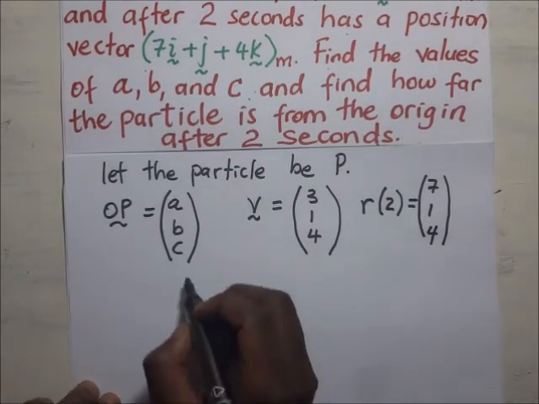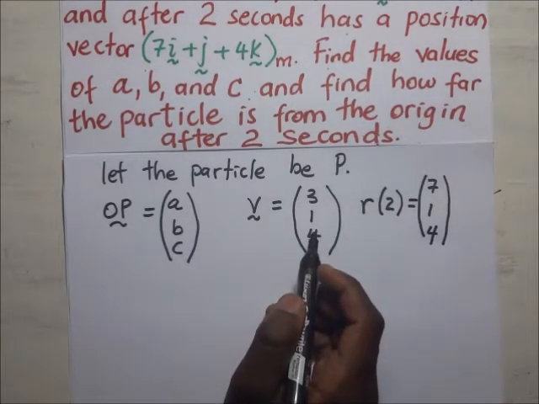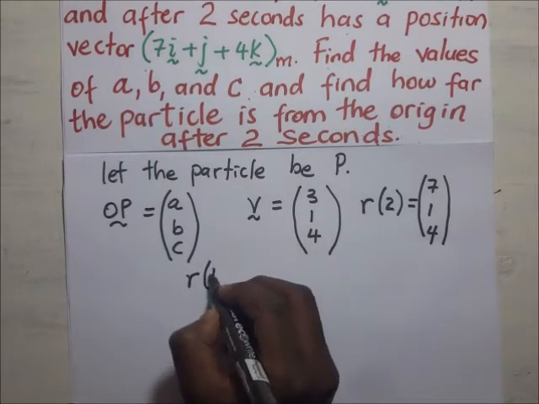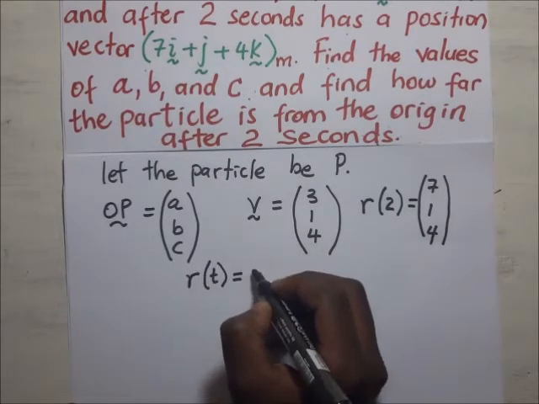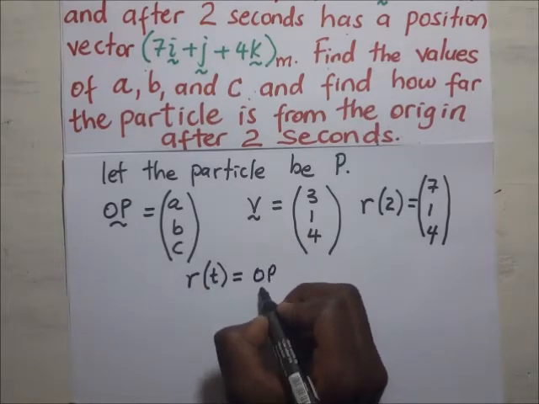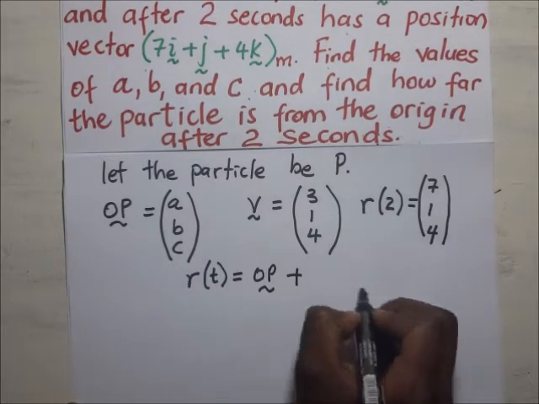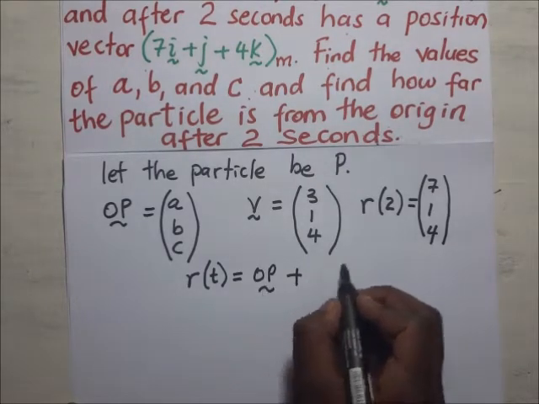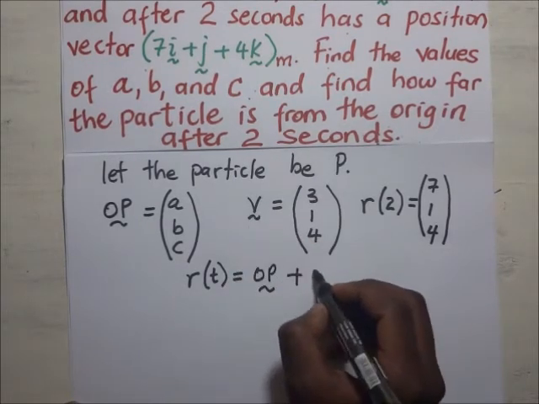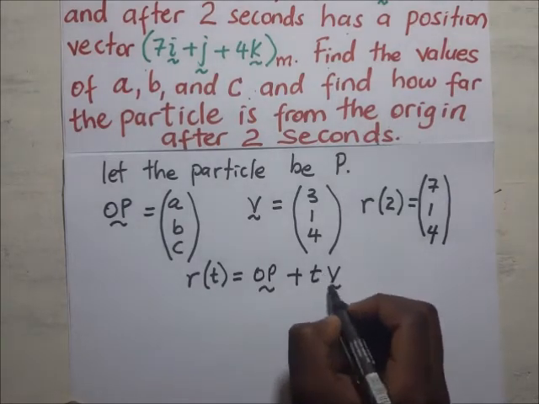Now again, we know that the general expression to find the position vector of a particle after any time t is going to give us first the initial position vector, which is OP, plus the added distance it travels, and of course the added distance it traveled is going to be speed times time, which is the velocity vector multiplied by the time.